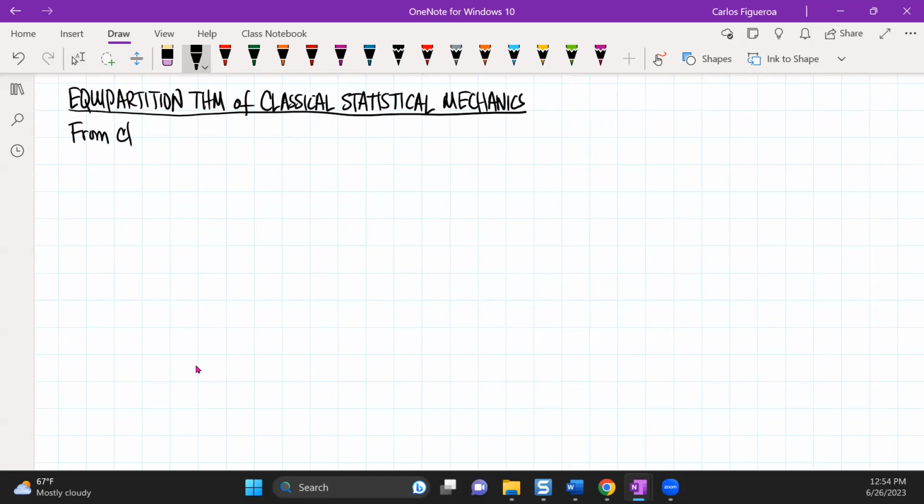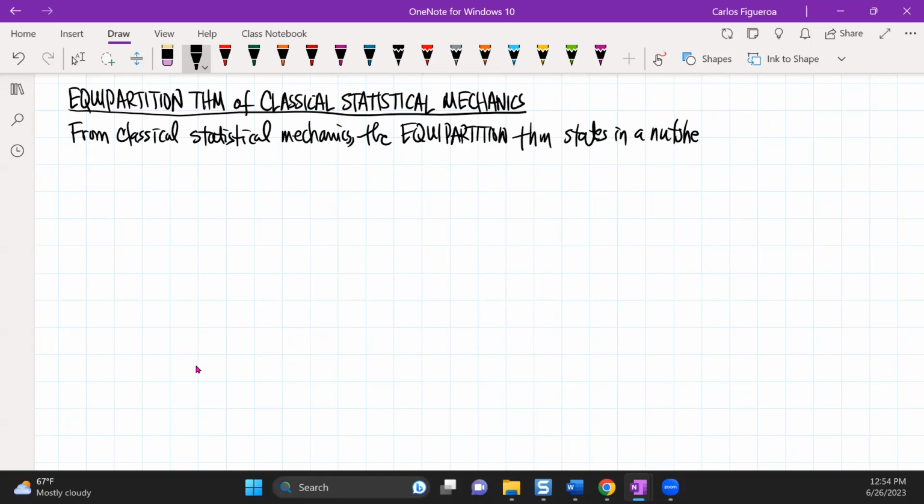So from classical statistical mechanics, the equipartition theorem states in a nutshell, it says that in thermal equilibrium, now that's important, thermodynamics can only be calculated in equilibrium states.